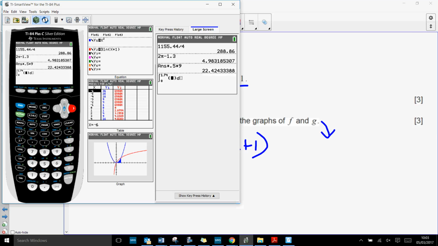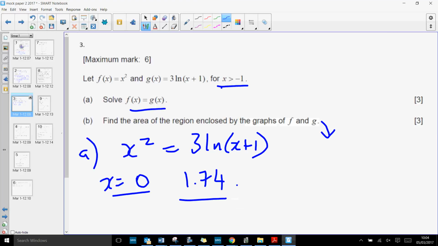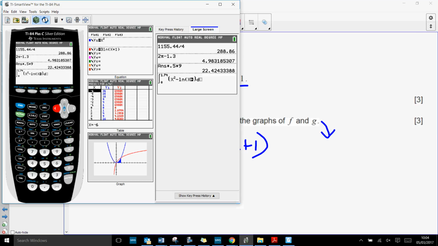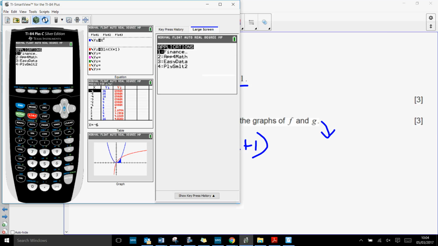We put this in here, so we need to find x squared minus 3 ln x plus 1.